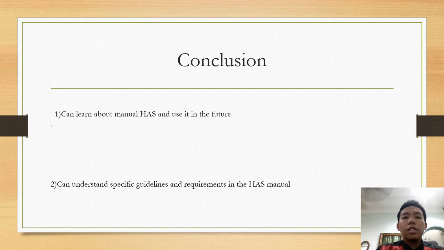So this is good for me, and I can easily get work in the future. For the second, I can say I understand more about the specific guidelines and requirements in the HAS manual.